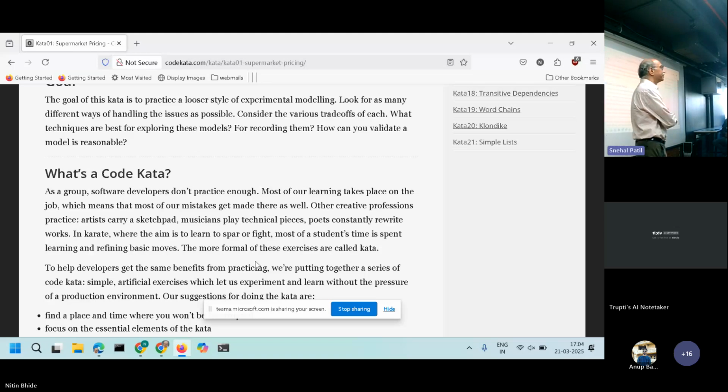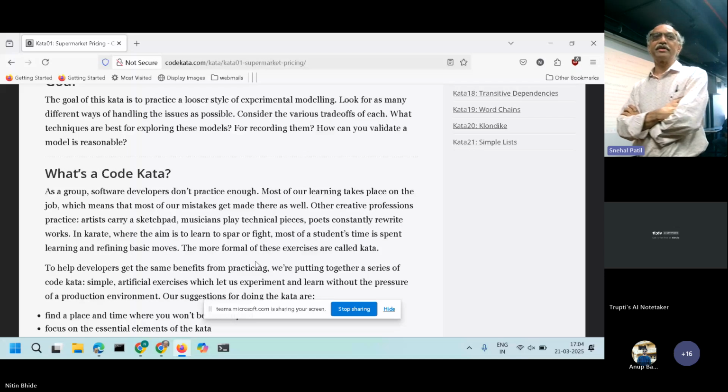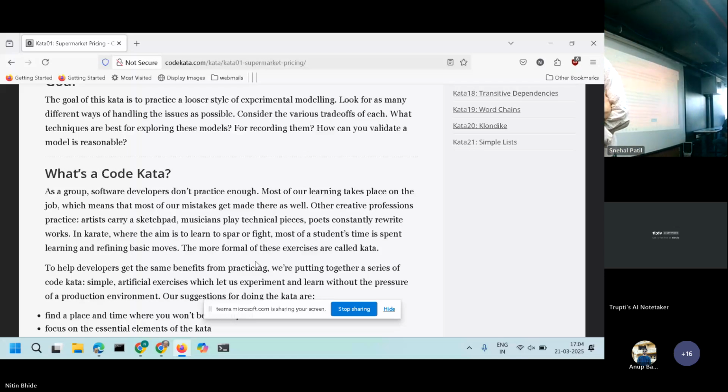Let's look at a simple design. For each rule, I am creating a class and then I am creating an instance of that. Like I said, in this case, buy two get one free for shirt requires a different class. Buy two get one free for pant piece requires a different class.